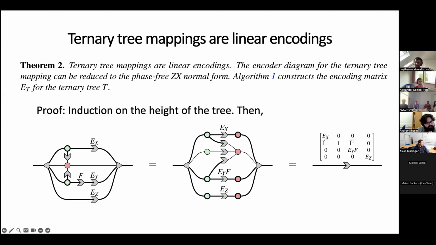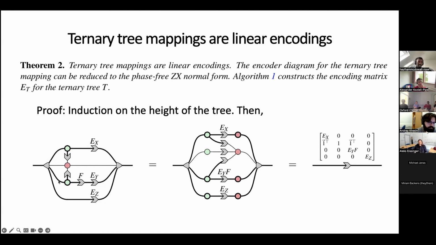Mitchell from Cambridge proved this theorem in his thesis without using ZX, and shortly after he published, we found a diagrammatic proof of the same result, which also gives us this scalable ZX tree in the process.